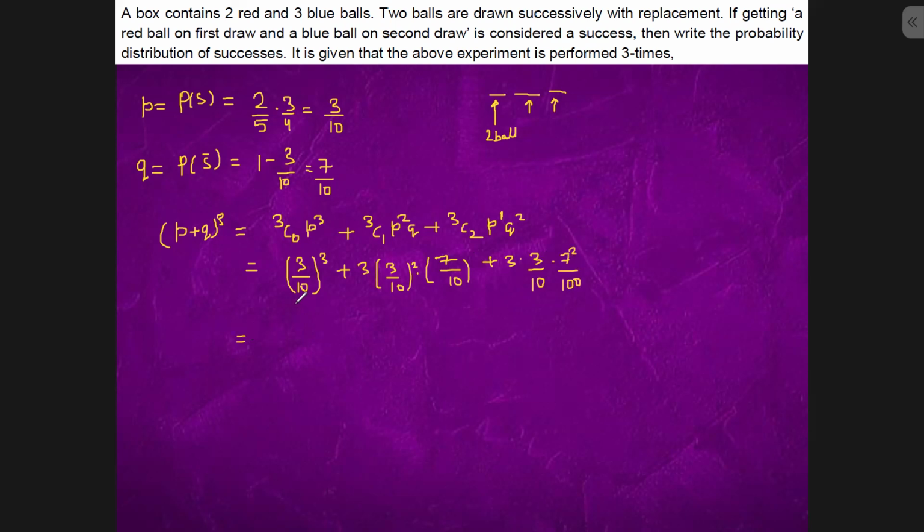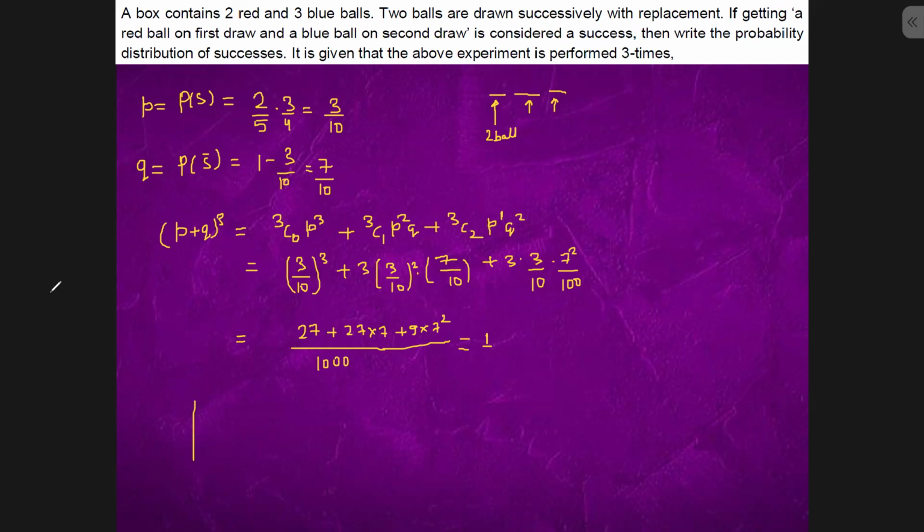So we get 1000 in every denominator, and we have 343 plus 9 into 49, plus 27 into 7, plus 27. So this will come out to be 1. So this is the probability distribution.